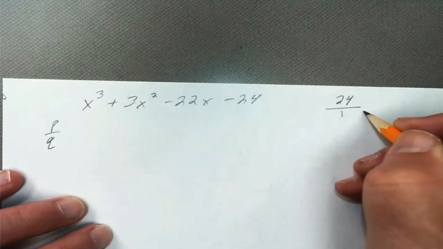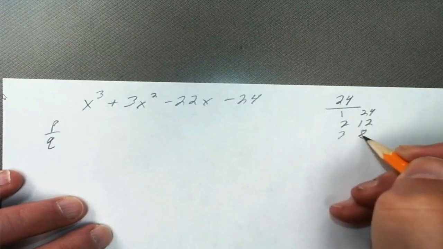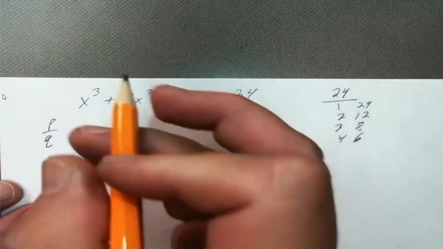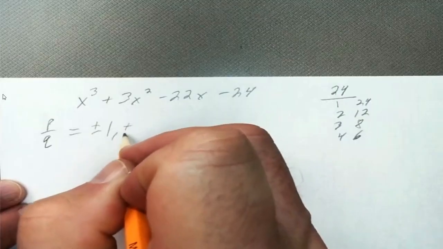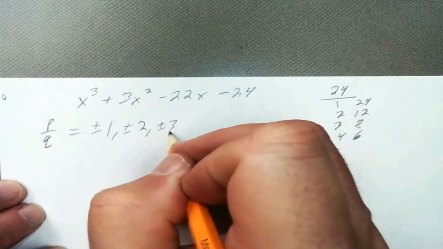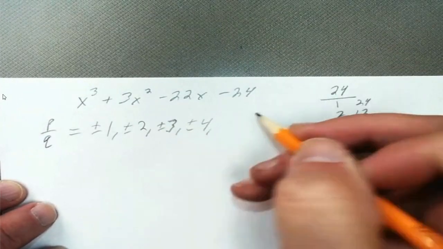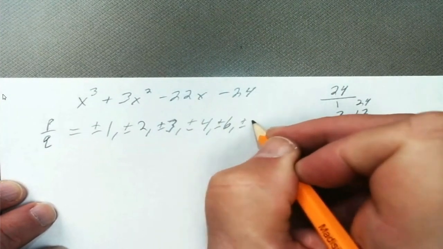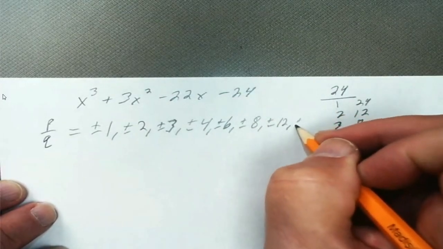1 and 24, 2 and 12, 3 and 8, 4 and 6. So the possible roots are plus or minus 1, plus or minus 2, plus or minus 3, plus or minus 4, plus or minus 6, plus or minus 8, plus or minus 12, and plus or minus 24.